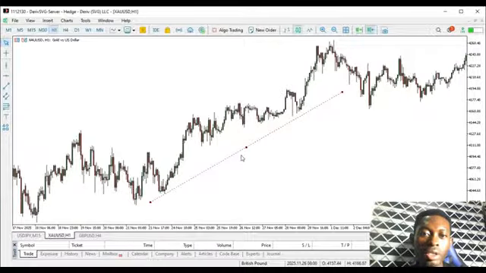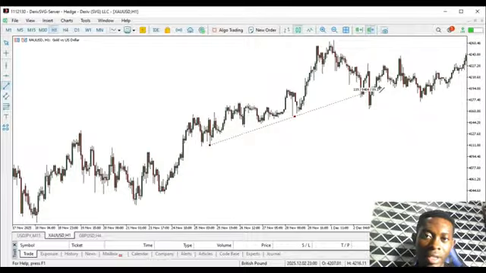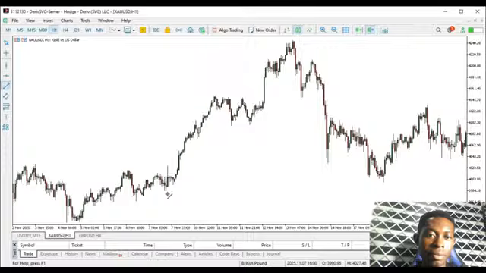This trend line actually works. Okay, let me look for another better example. But let me switch to GBPUSD.